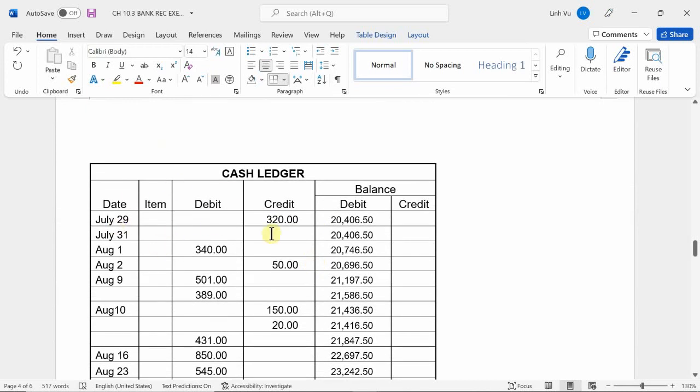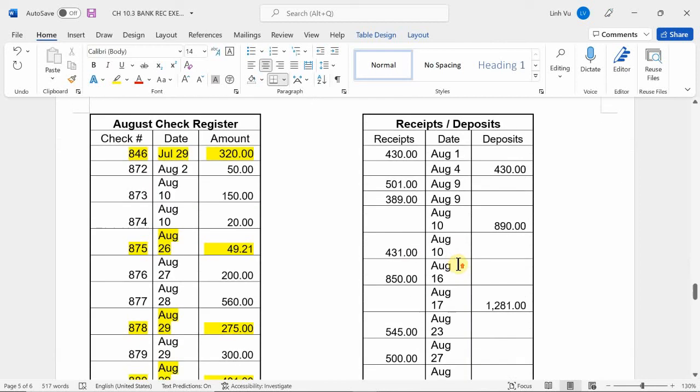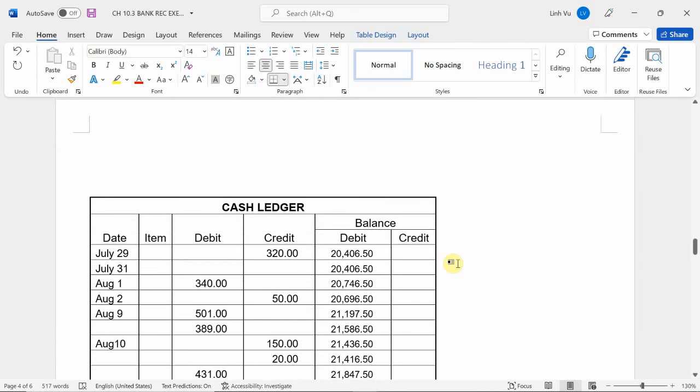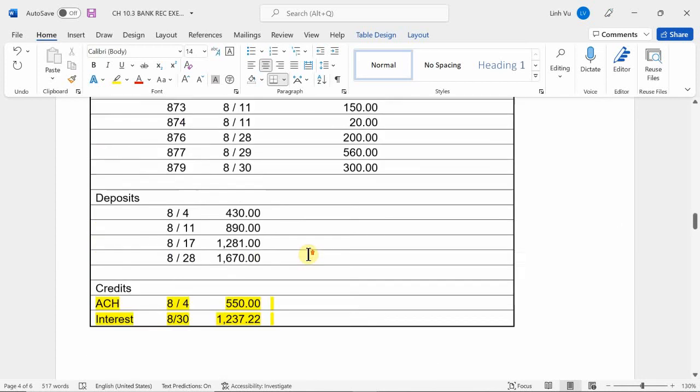So when I started out on July 29, before I started my bank, I had a total of something. The very first thing I did was I wrote a check for $320. Is that true?